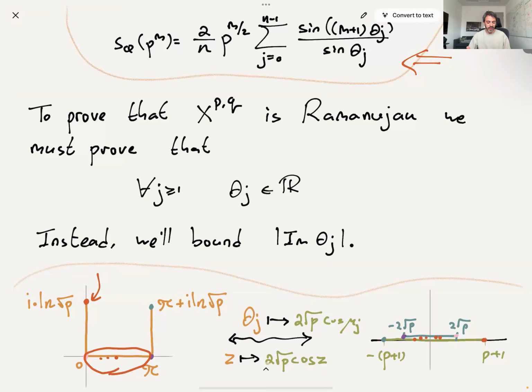That's kind of weird, right? We had this combinatorial problem, and using a somewhat convoluted route, it boils down to the question of proving that those theta j's, except for one, are all real. There is no complex solution.